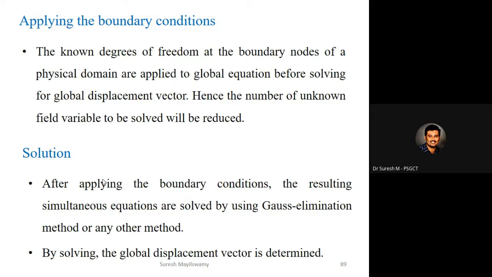So first we form the global vector and then we solve the equations to get the solution. After applying the boundary conditions, the resulting simultaneous equations are solved by using the Gauss elimination method or any other method. By solving, the global displacement vector is determined, so that finally we can take the solution from this vector.